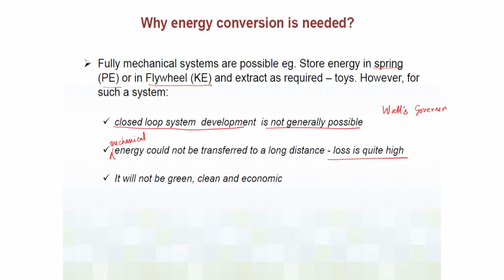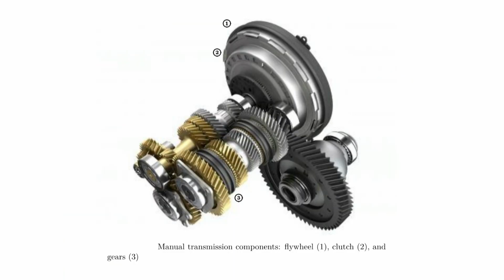So, if I have to take some corrective action over a longer distance, then electrical energy is the best. Suppose I am driving something remotely, then electrical energy is the best option. And of course, direct application of mechanical energy will not be green, clean and economic, whereas with electrical energy it is possible. So, all these factors drive us to go away from a fully mechanical system to an electromechanical system.